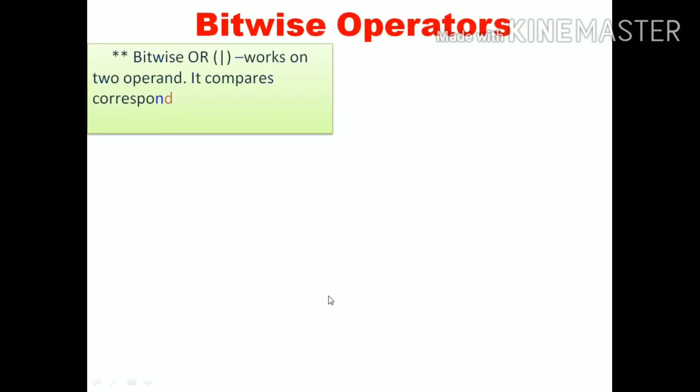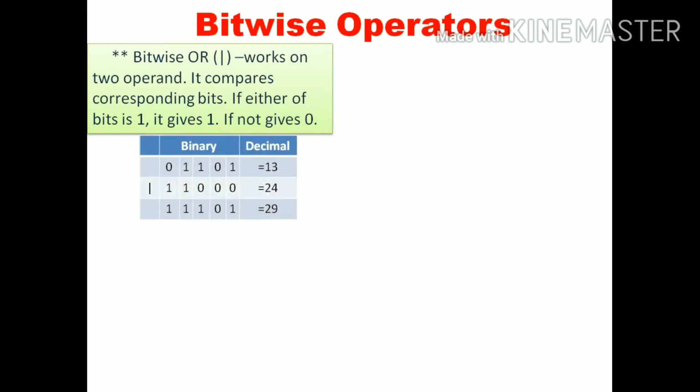So bitwise operators. First, bitwise OR works on two operands and compares corresponding bits. If either bit is 1, it gives 1, if not, it gives 0. The table is like that. If we take a decimal number, 13, the binary form of 13 is 01101. And if we want to use the OR sign with 24, that means 13 bitwise OR 24.